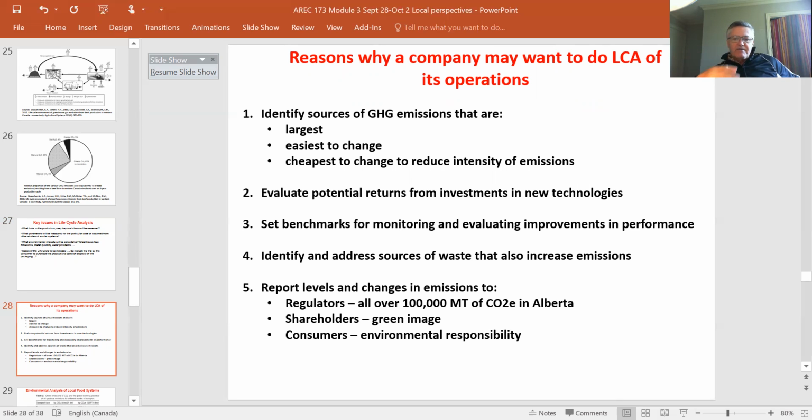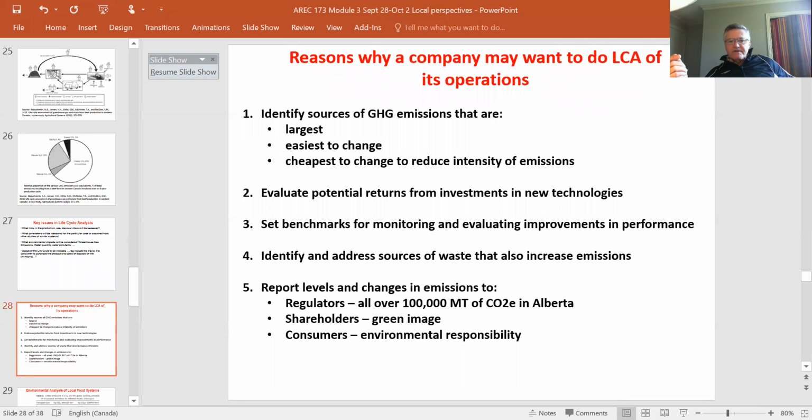A company involved in food production might want to do it because they want to make their operations more greenhouse gas efficient. They want to identify those things that cause the greatest amounts of emissions. They want to identify those which are easiest to change, things that are cheap to change. They want to figure out, well, if I made a certain investment to reduce my greenhouse gas footprint, what return will I get on that investment?